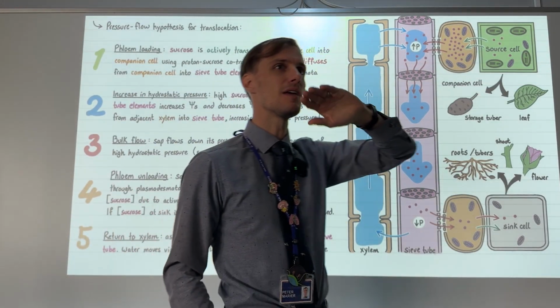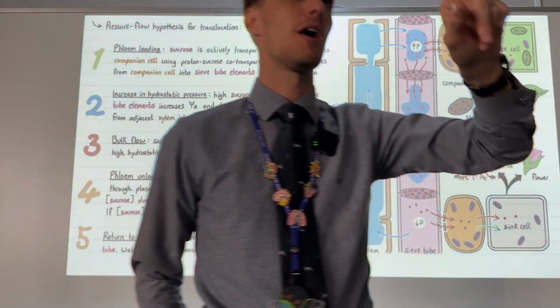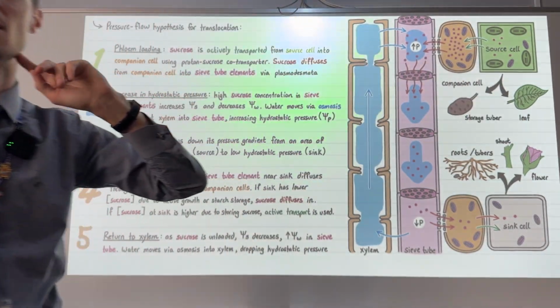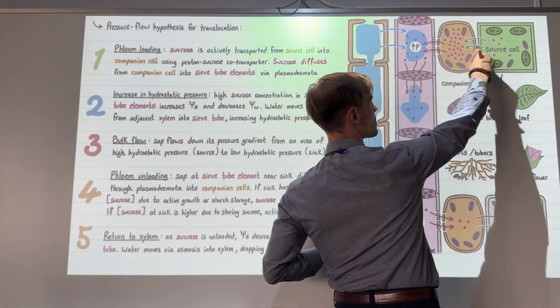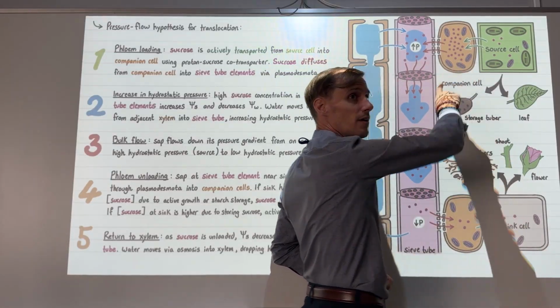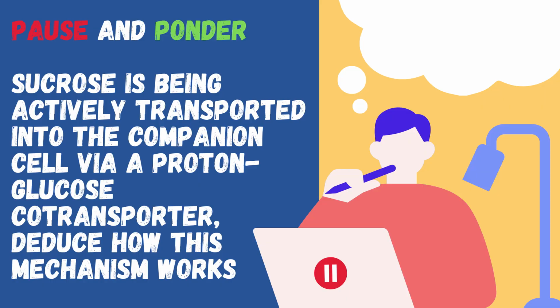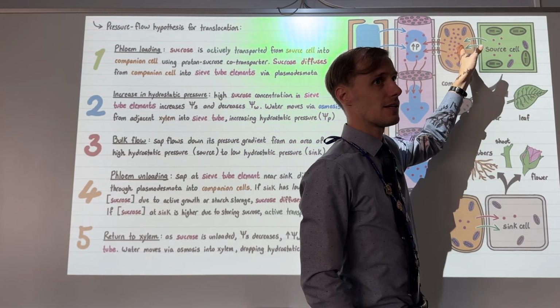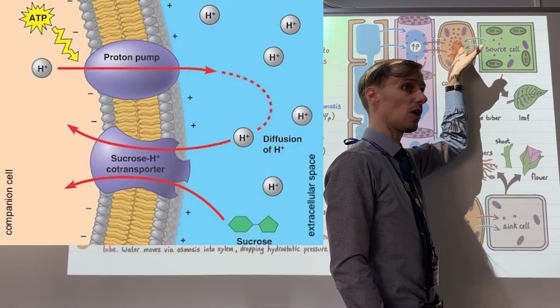Now, without me explaining anything, tell me how this would work. I'm moving sucrose from here to here using a proton sucrose co-transporter. What's going on? It means that the companion cell is actually actively moving protons out.